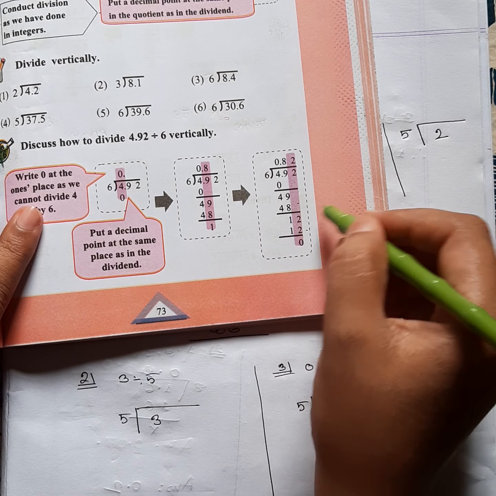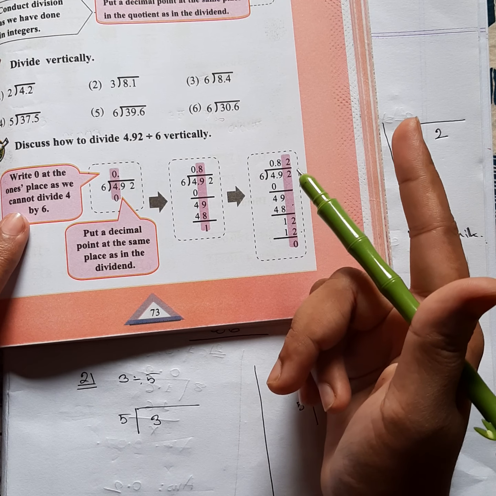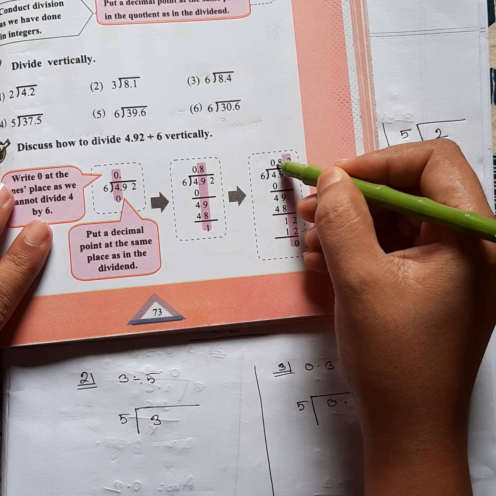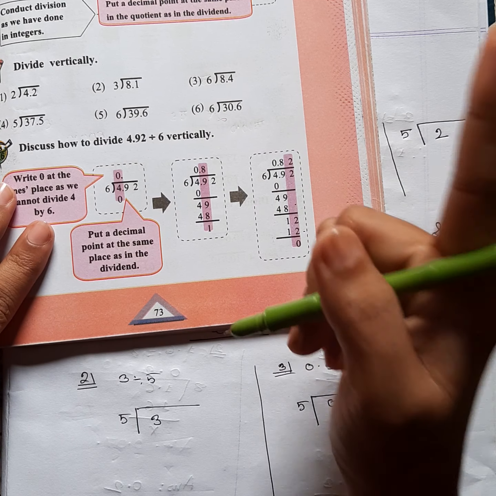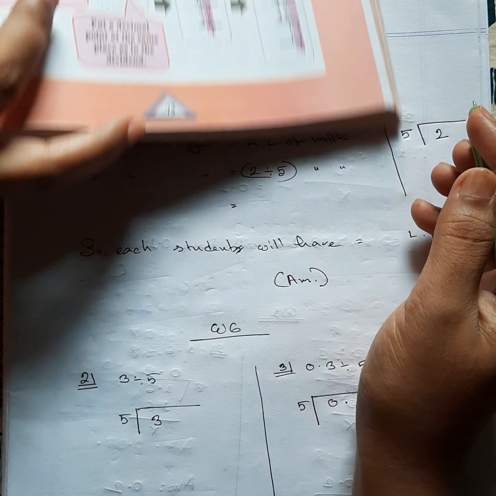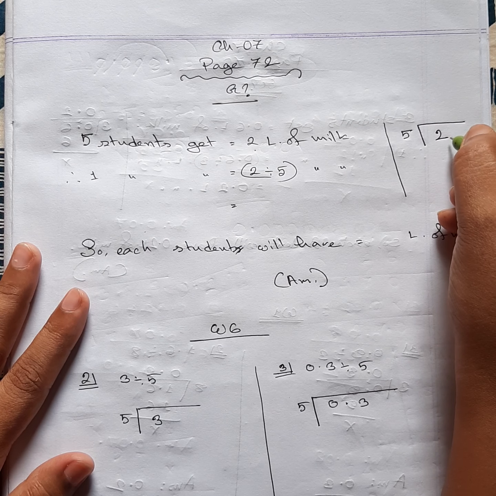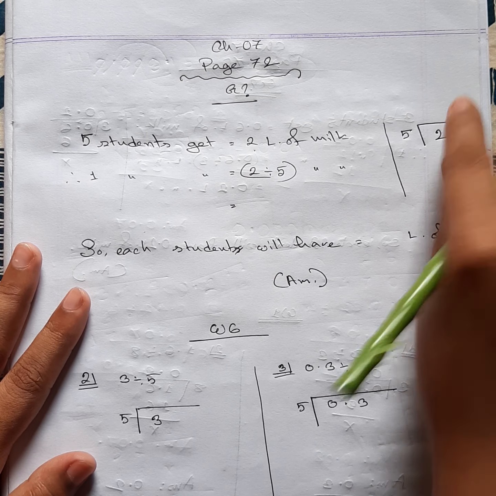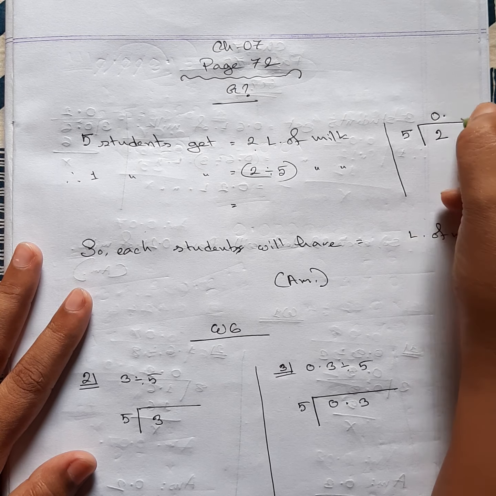In every stage you can take 1 zero from the decimal, from the quotient. Okay, in every stage you can take only one zero. So here, as we don't have any number, we need a 0. So let's give it a point over here.